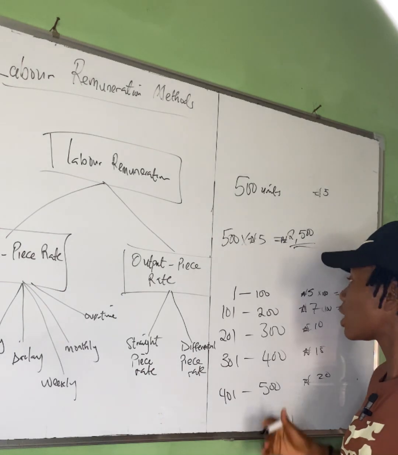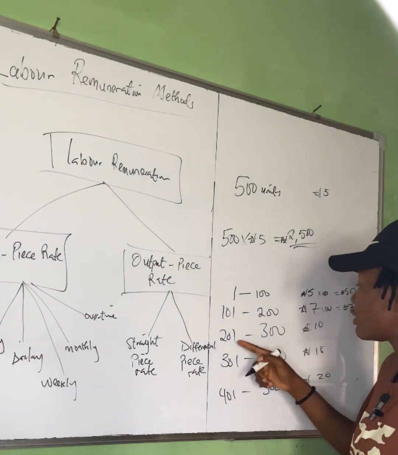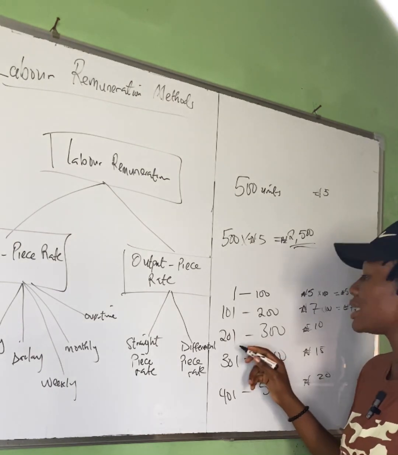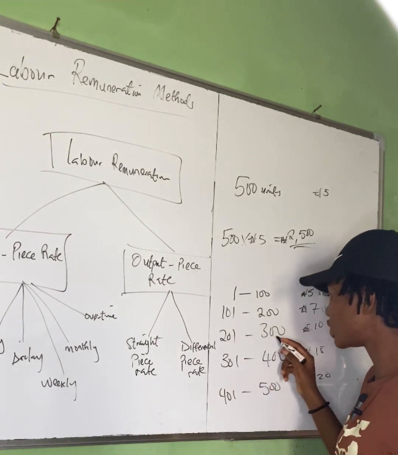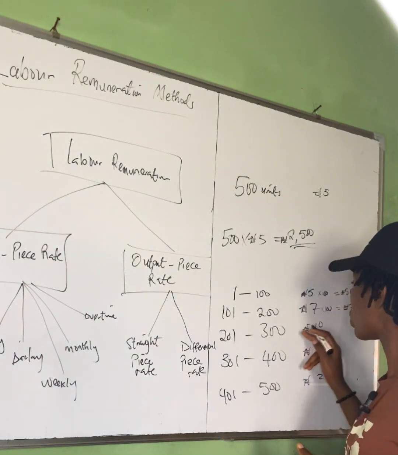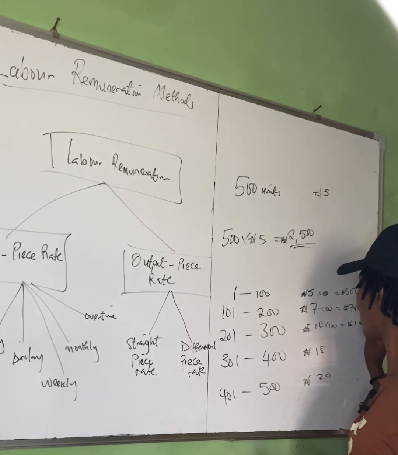Now for the next level, because you produced 500 units, we are having 201 up to 300. In this class interval, that's another extra 100 units that was paid. So we'll be calculating 10 times 100, which will be giving us 1000 naira.